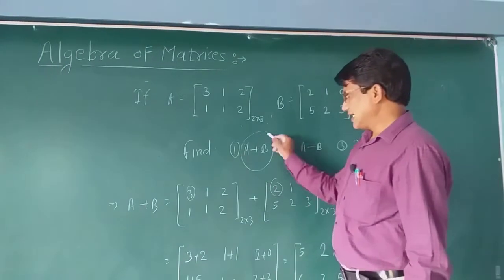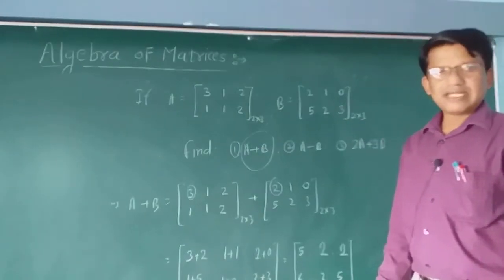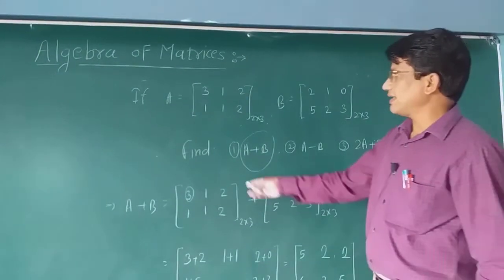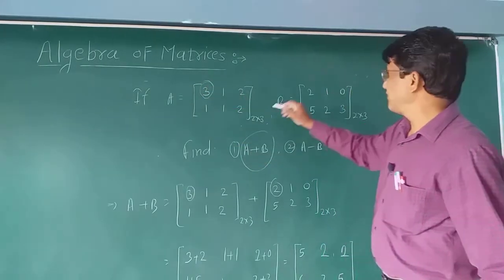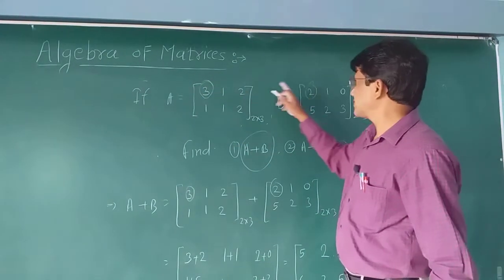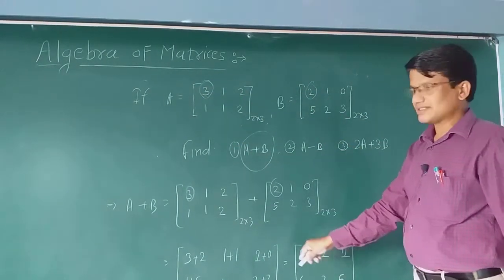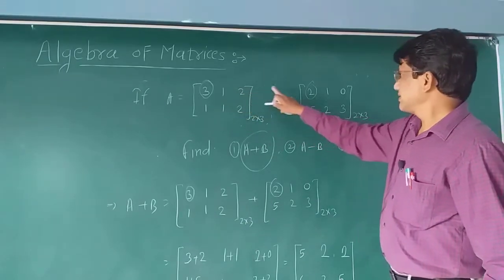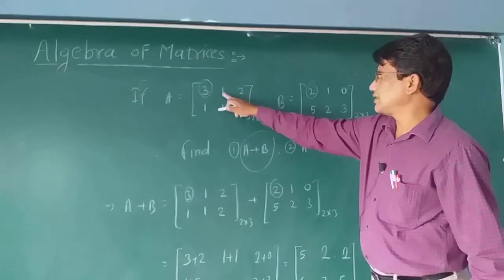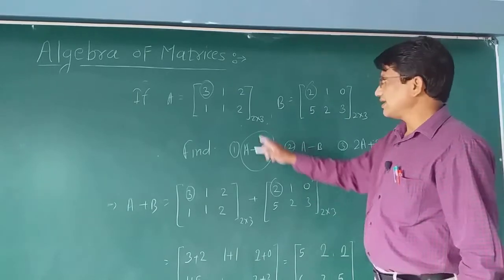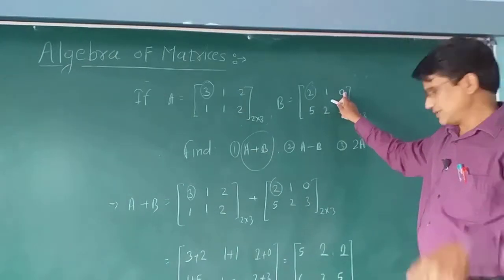Look here, addition of the two matrices. We can find the addition by the direct way. First number 3, first number 2, 3 plus 2, 5. Second number 1, 1 plus 1, 2. Third number 0, 2 plus 0, it is 2.